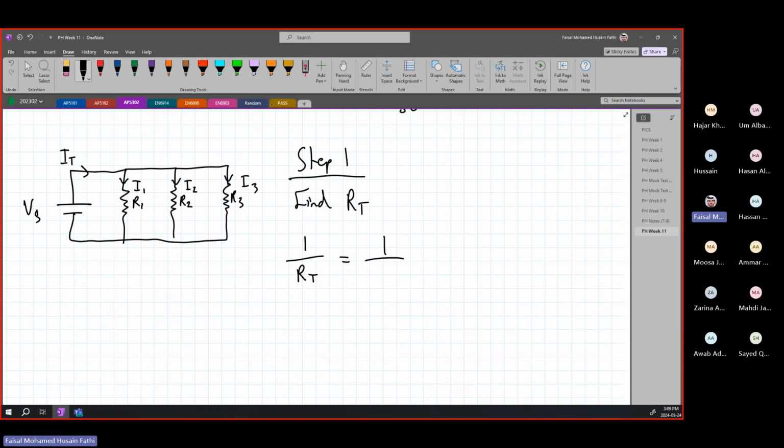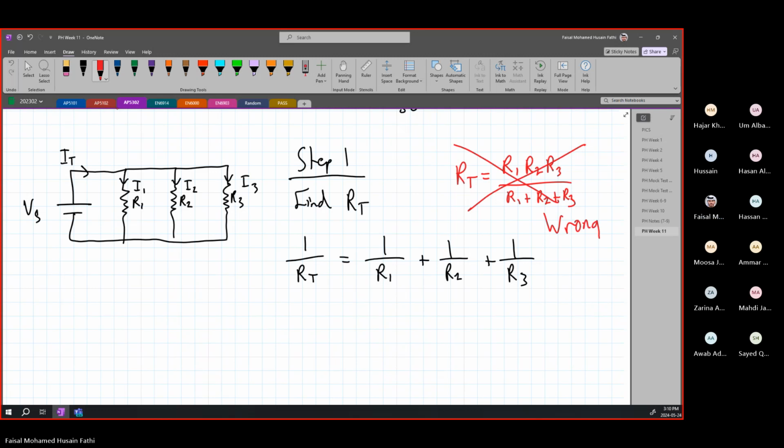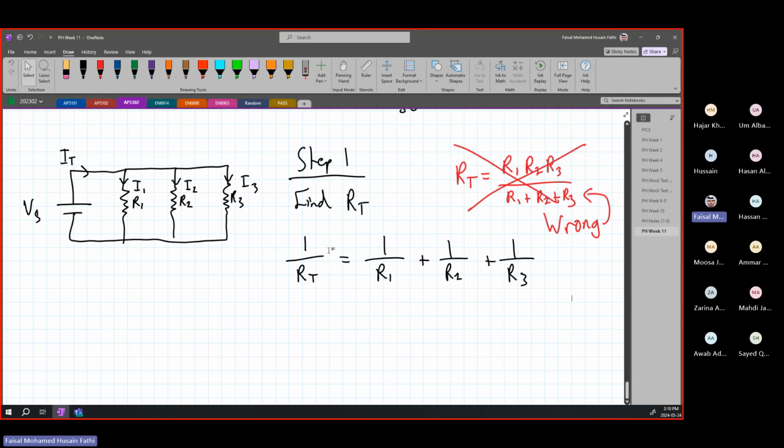It is 1 over R total equals 1 over R1, plus 1 over R2, plus 1 over R3. Remember, since we have 3 resistors, we cannot use the equation R1 times R2 times R3 over R1 plus R2 plus R3. This is completely wrong. Do not apply this equation when you have more than 2 parallel resistors. So your first step is finding R total using this equation.